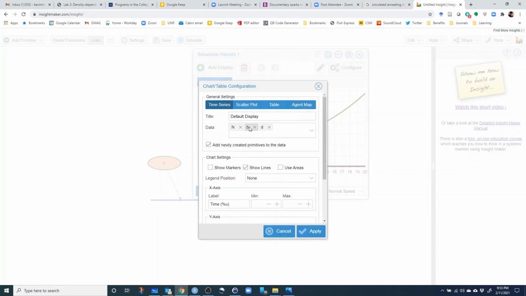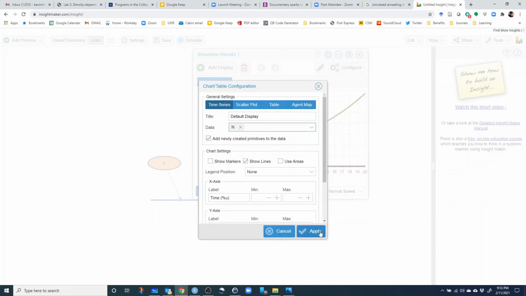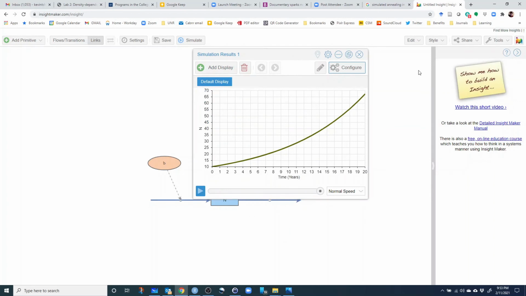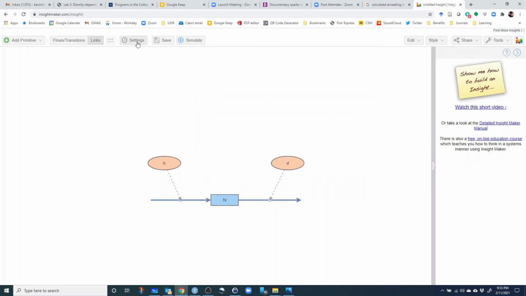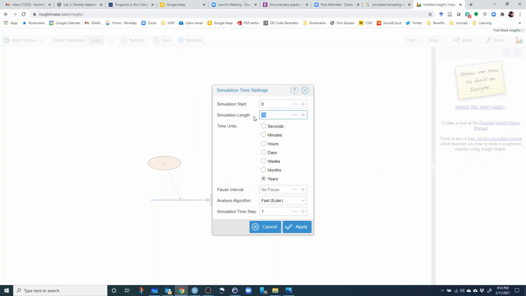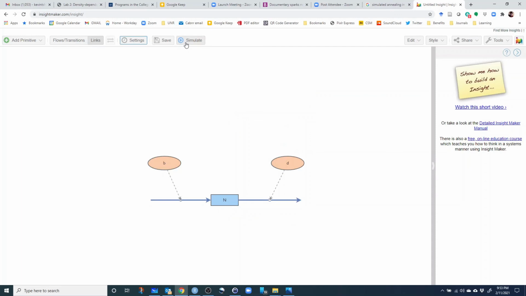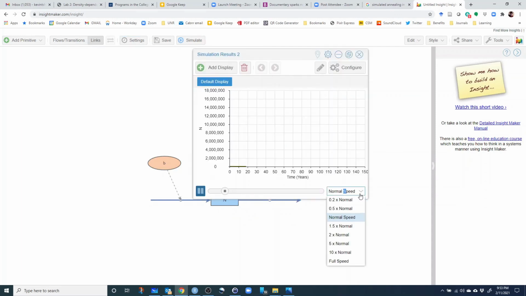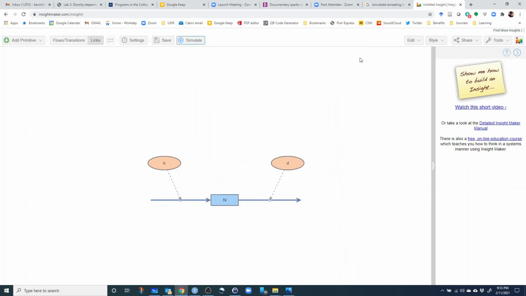And here, I'll just get rid of those vital rates, and we can see that we have classic exponential growth. You can even see it better if we change this to, say, 150 and run it again at full speed, and there we go, exponential growth.